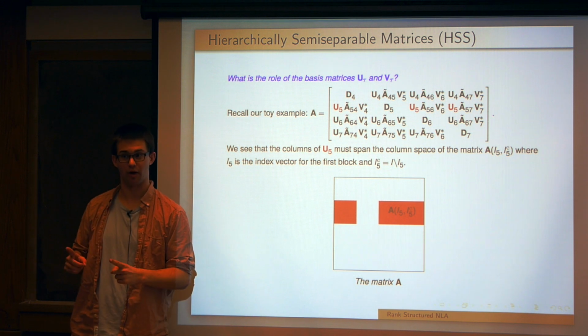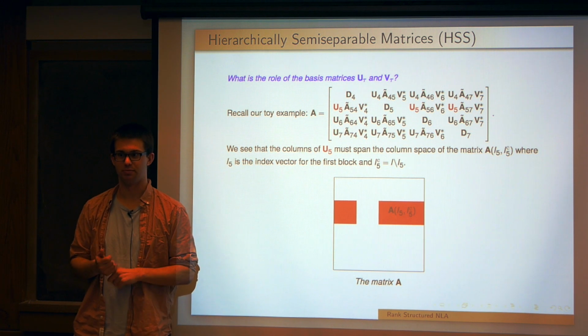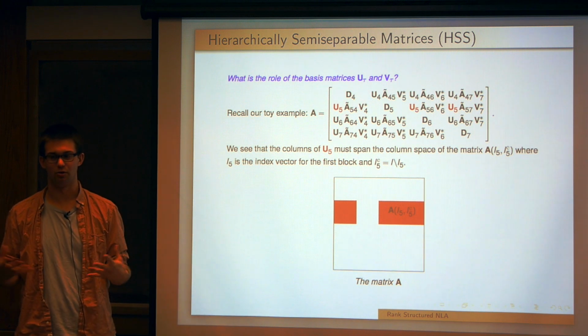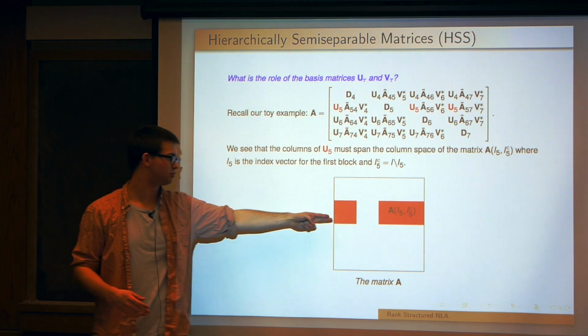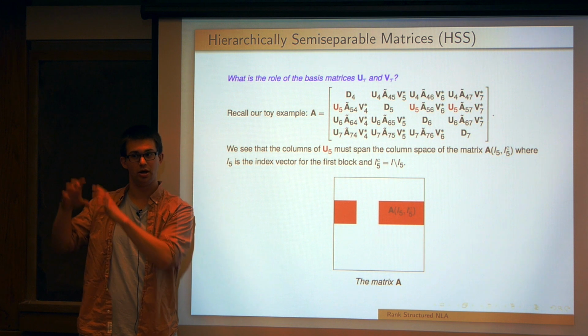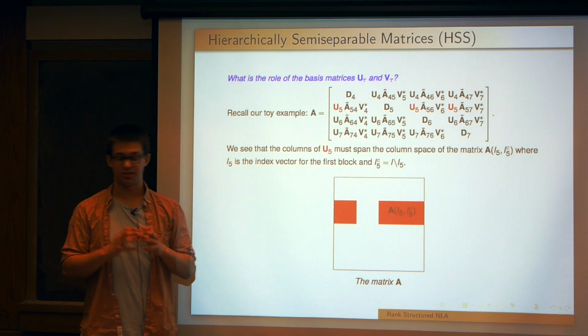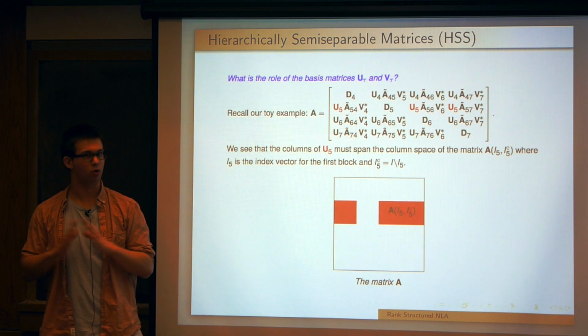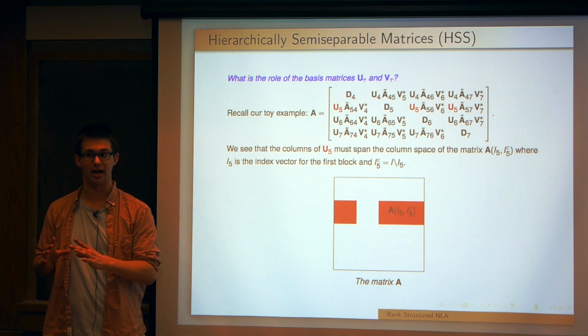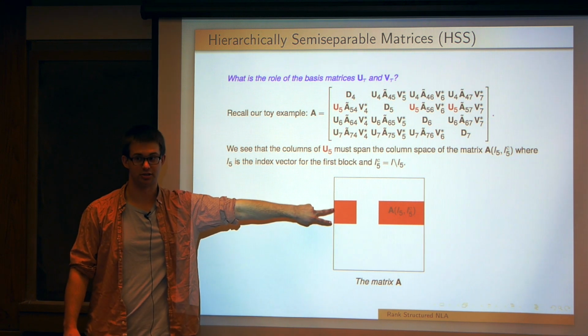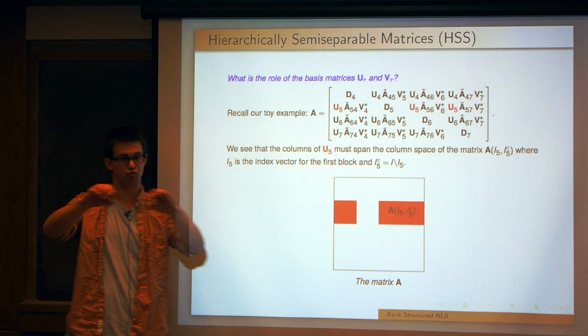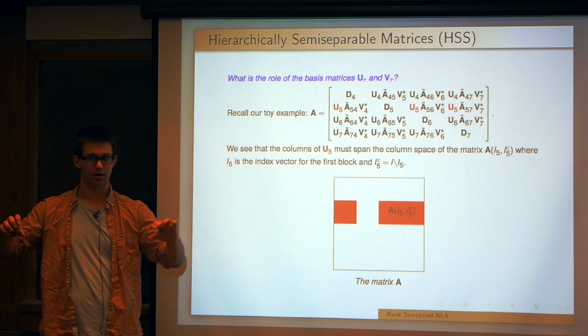That must also be low rank. In fact, that must be rank K, whatever that is. And it's often the case that this is where we get our K. Now, this seems restrictive, but in more applications than not, if something is H, it will also have these block rows be low rank.